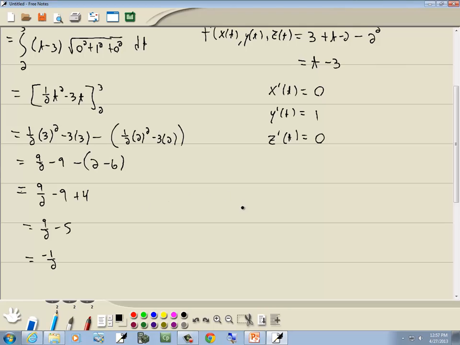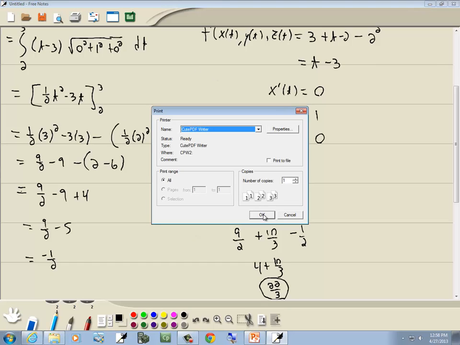So, for the whole path, all the segments added together, we got 9/2 plus 10/3 minus 1/2. 9/2 minus 1/2 is 8/2, or 4, plus 10 over 3, which gives us 4 times 3 is 12, plus 10 is 22 over 3. Assuming no basic math error, which I make no assumptions at all in that.